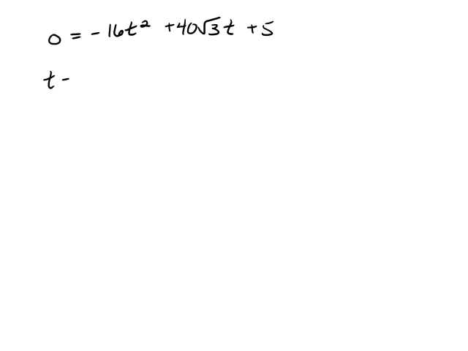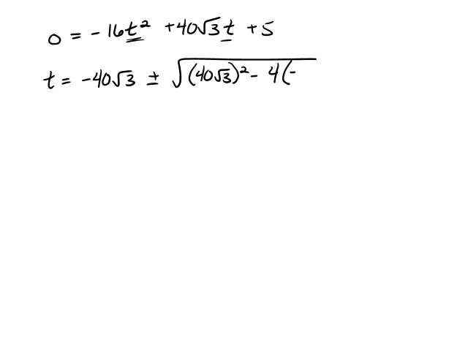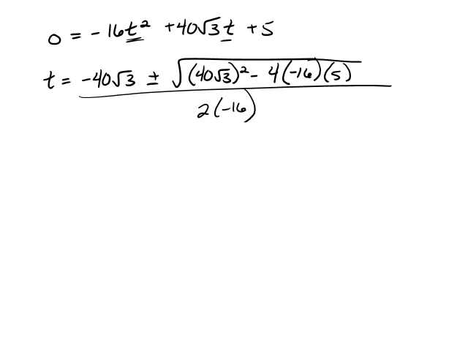And when you do that, remember you have t, since that's our variable now, is equal to the opposite of b plus or minus the square root of b squared minus 4 times a times c all over 2 times a. Now I'm going to let you go ahead and plug this into your calculator because I do believe you're capable. And you will find that t is approximately two different values, negative 0.07 and 4.40 seconds.